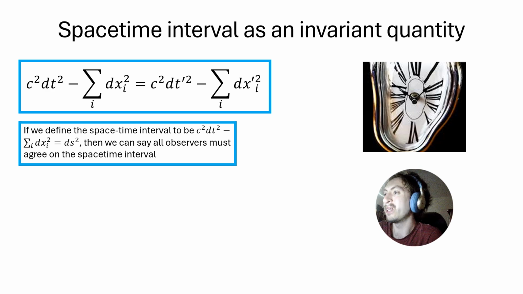And if you're defining ds to be the space-time interval, you definitely want ds squared to be positive. Because if you're just sticking with the space-time interval being ds squared, and ds squared is negative, that's not too bad, although it's slightly inconvenient. If you're defining the space-time interval to be ds and ds squared is negative, then you're going to have to conclude that your space-time interval is imaginary. That is, it's the square root of a negative number.